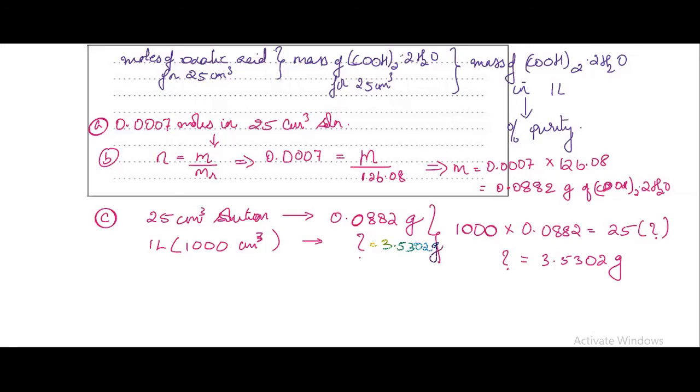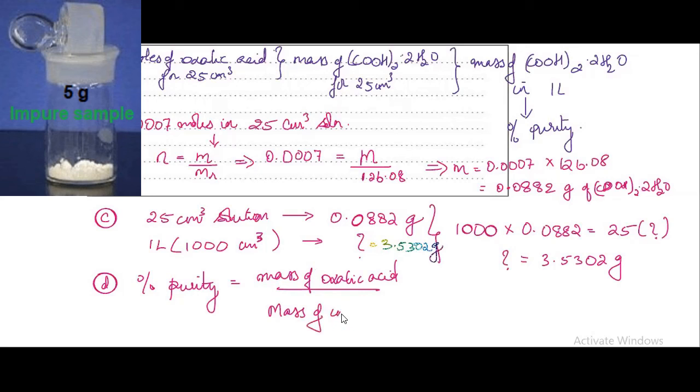So moving on to the last part of the question. This is to find the percentage purity. The formula to calculate percentage purity is mass of oxalic acid by mass of impure sample times 100.